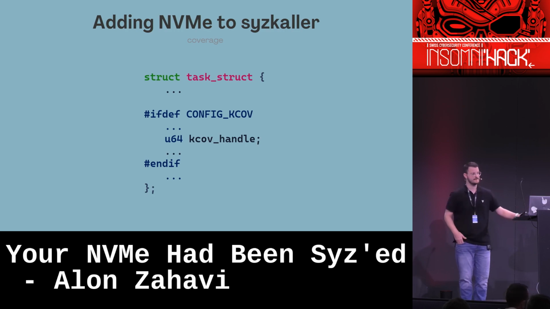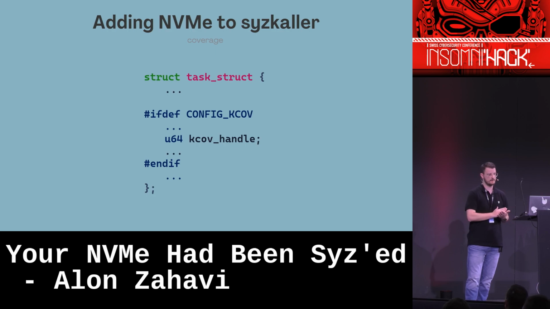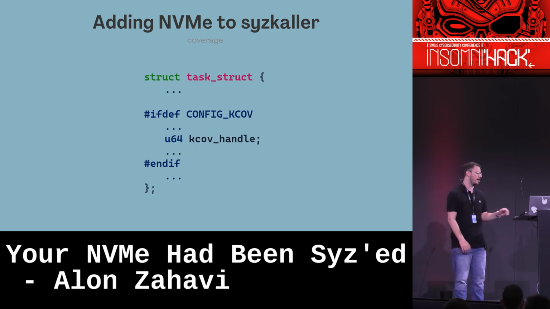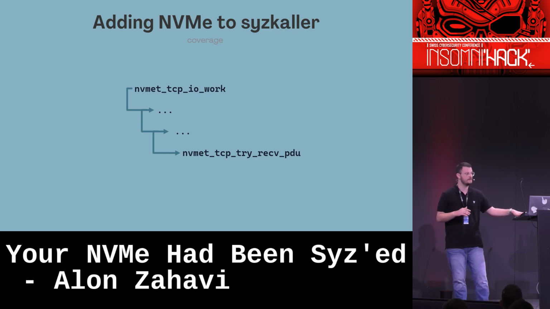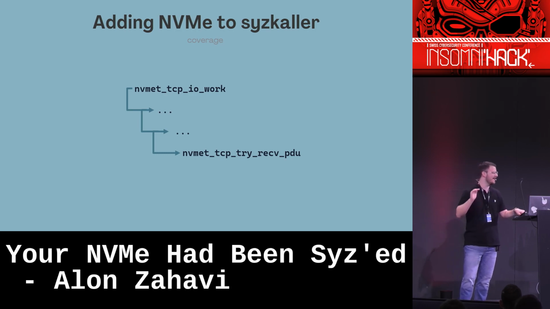But our task is to make sure this kcov handle goes from the task_struct of the executed input into the NVMe driver. To do so, we dug down the nvme_tcp_io_work function and got into nvme_tcp_try_recv_pdu. The names are so long.